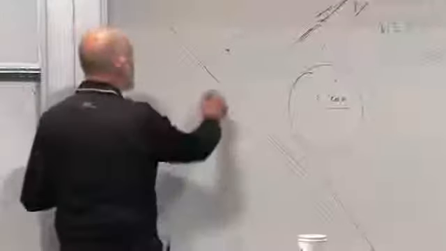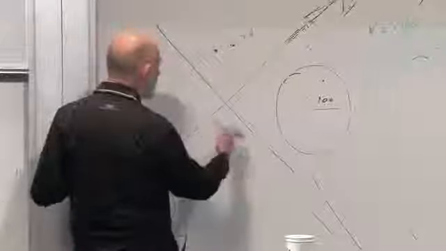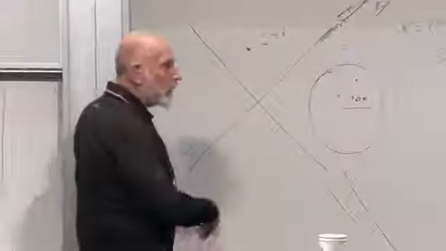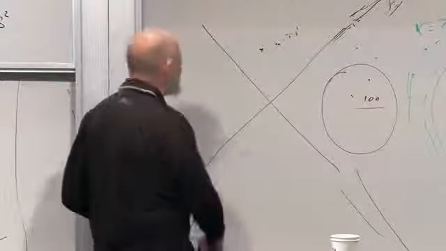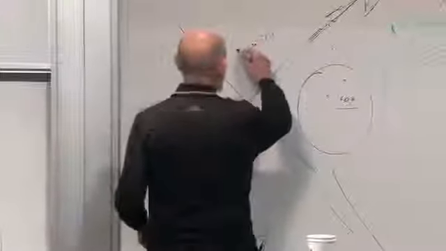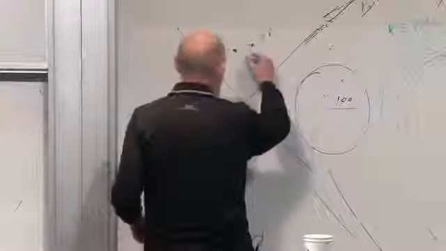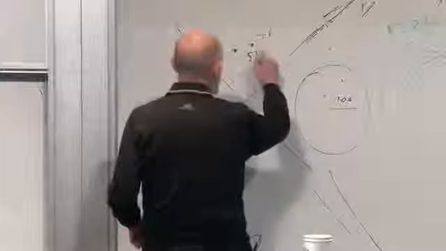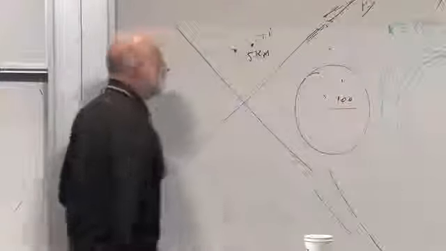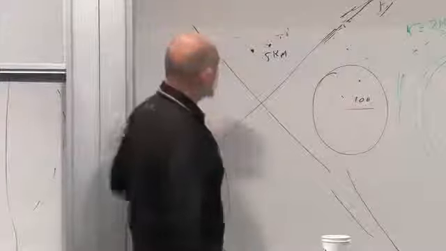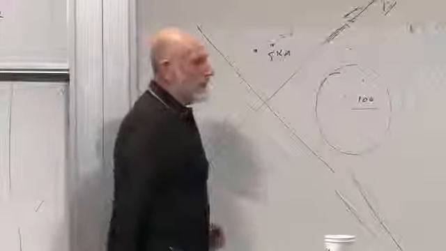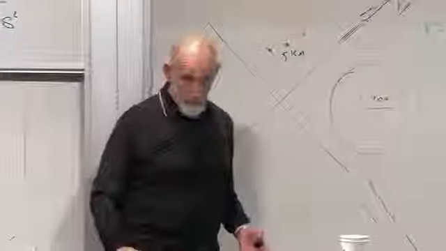Same thing is true here. If we had a black hole of 1 kilometer radius, then this distance here might be, let's say, half a kilometer. On the other hand, we would draw exactly the same picture for a huge 10 to the 9th solar mass monster black hole. And then instead of being 0.5 kilometers, it might be 0.5 times 10 to the 9th kilometers.